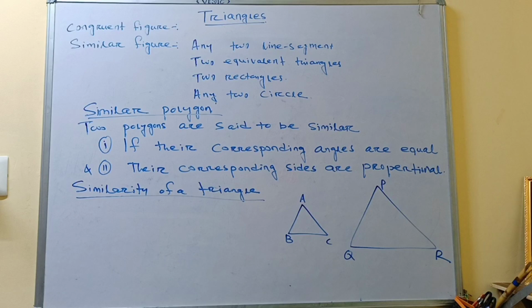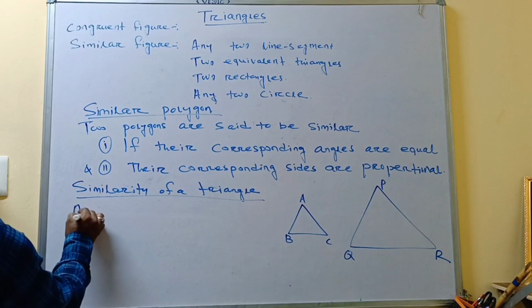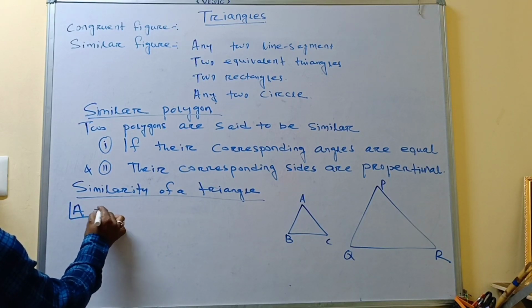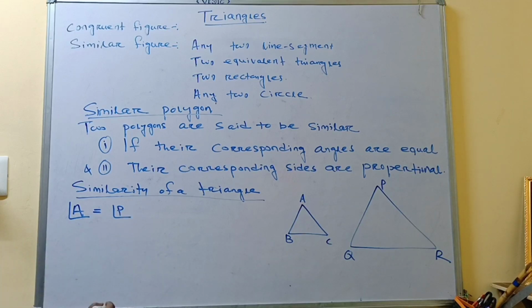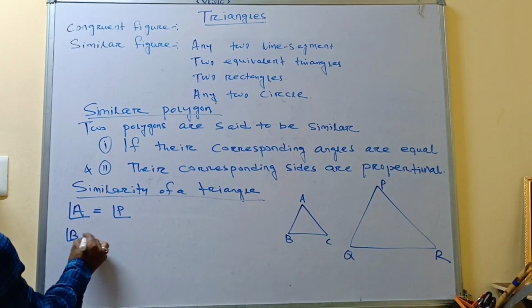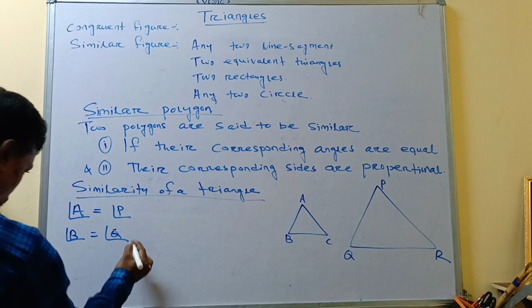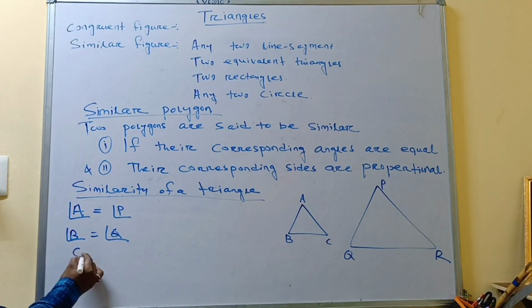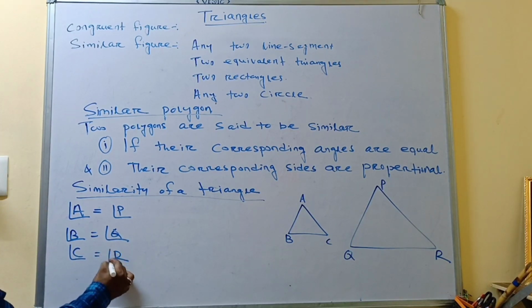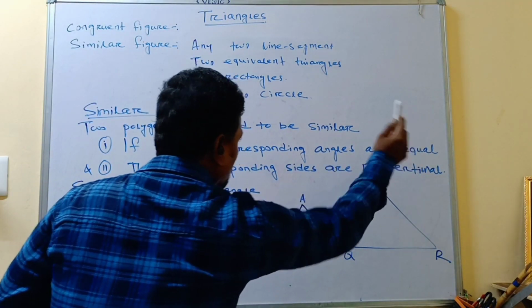In these two triangles, the three corresponding angles: angle A equals angle P, angle B equals angle Q, angle C equals angle R. Here we can say the corresponding angles are equal.